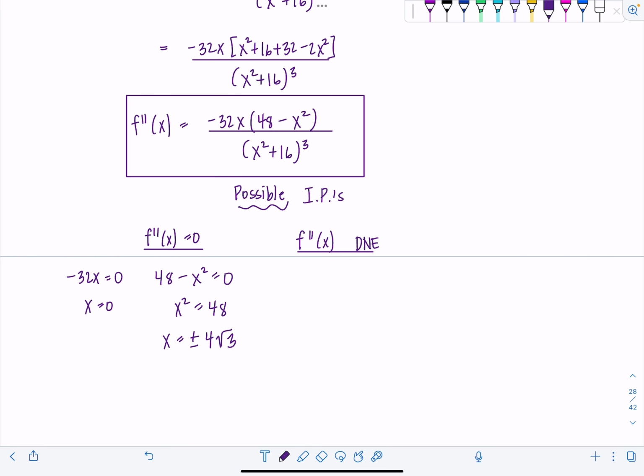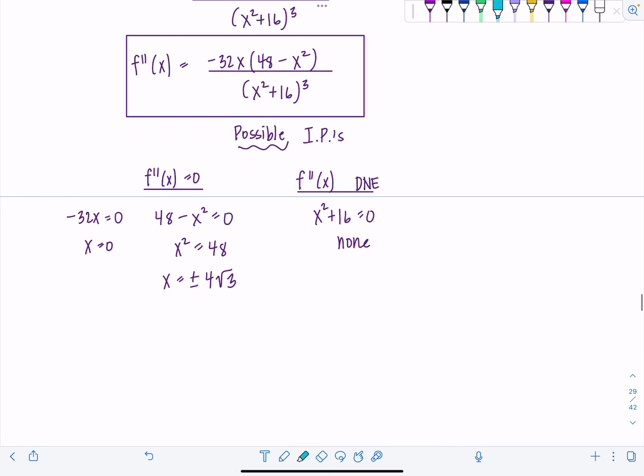F double prime doesn't exist? That would mean the denominator is 0, but we know that can't happen. So our possible inflection points could happen when x is 0 or plus or minus 4 rad 3.